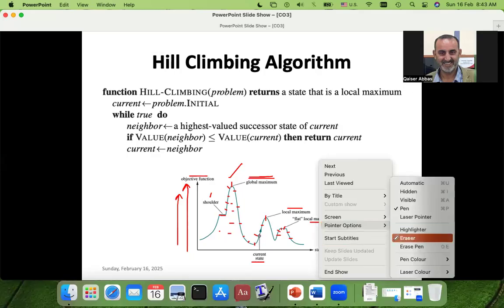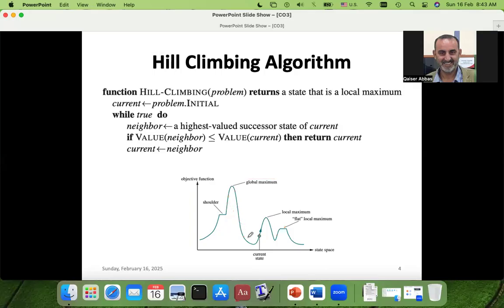Now another point. What is the deepest point here? I can see from this diagram that this is the deepest, lowest point. If this is the deepest point, then what can you call it? Global minimum.